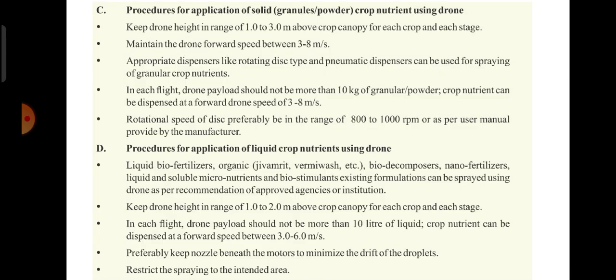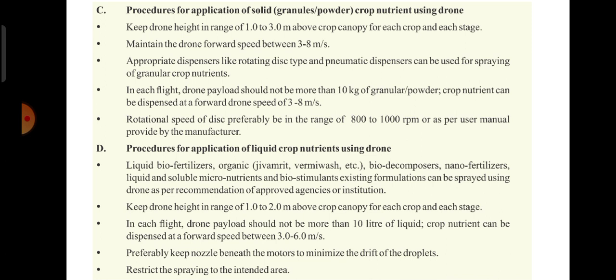Now, the procedures for application of solid crop nutrients using drones. Here, keep the drone height in the range of 1 to 3 meters above the crop canopy. We know that we should keep the drone above the crop canopy, but the standard distance is 1 to 3 meters. Maintain the drone forward speed between 3 to 8 meters per second.